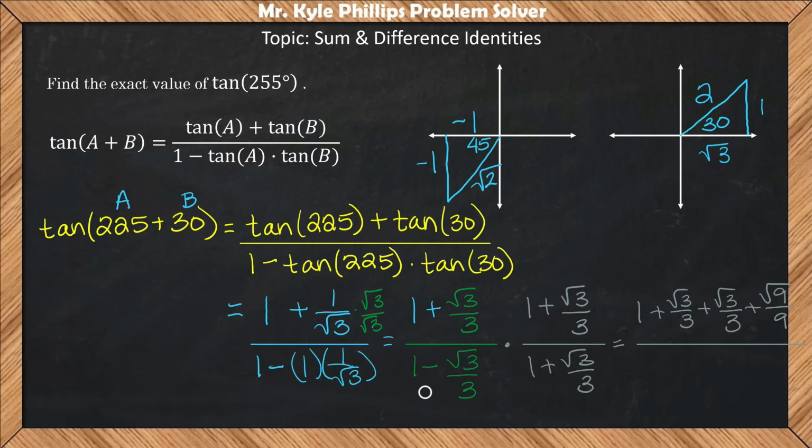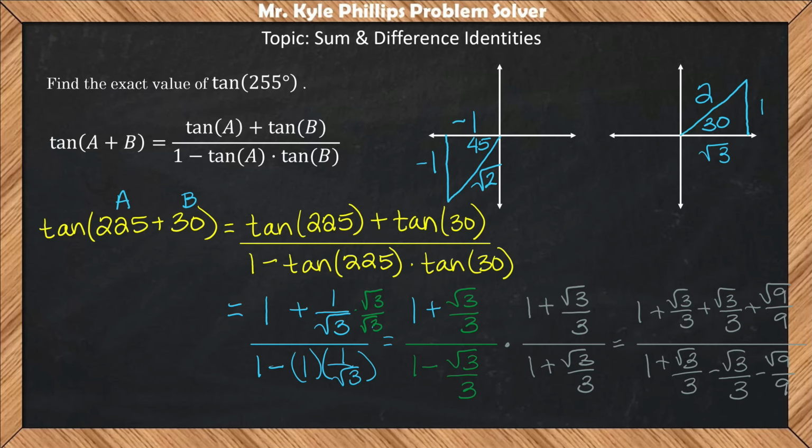And this is all going to be over 1 times 1 is 1. 1 times root 3 over 3 is root 3 over 3. Negative root 3 over 3 times 1 is just negative root 3 over 3. And then here, this would be a minus root 9 over 9.